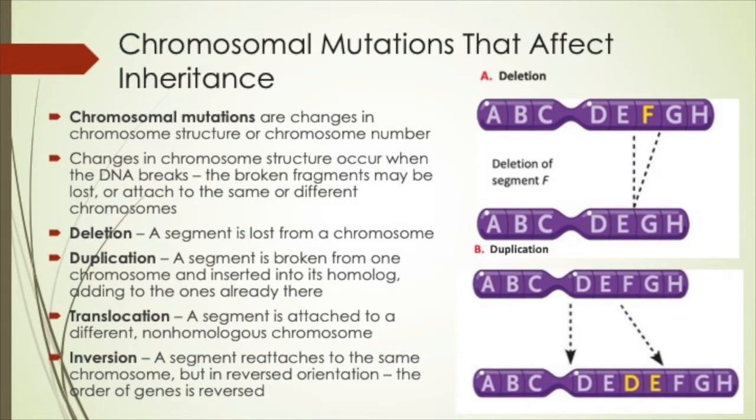Chromosomal mutations that affect inheritance. So there are all sorts of these types of mutations that happen in nature. Chromosomal mutations are changes in chromosome number or structure, right? So changes in chromosome structure occur when the DNA breaks.